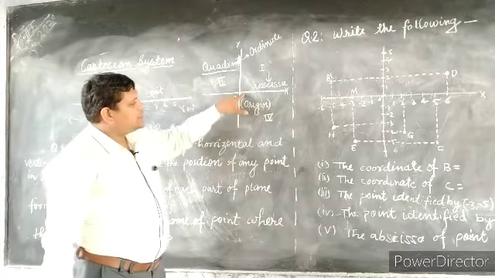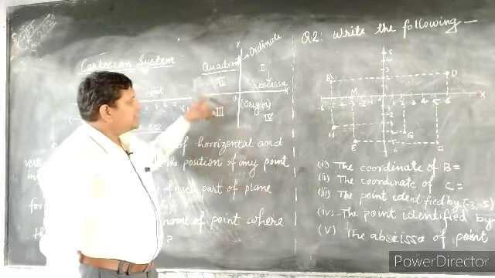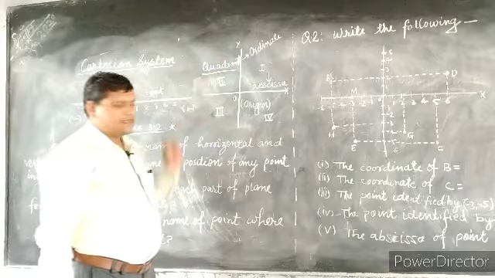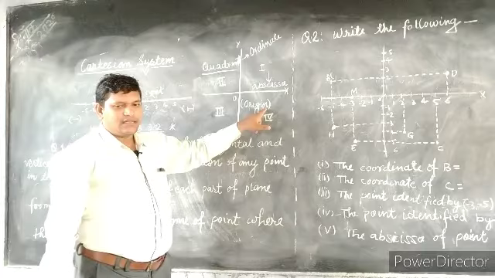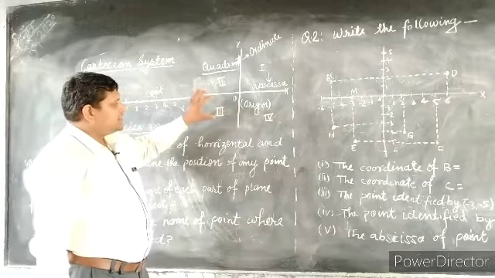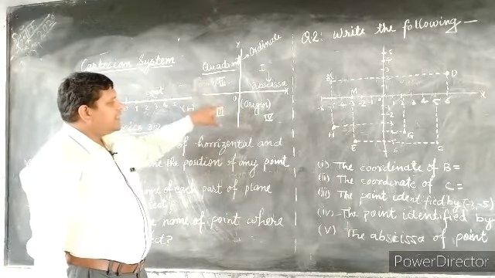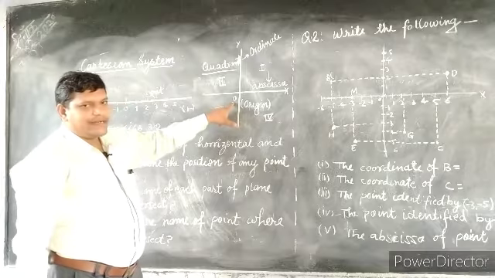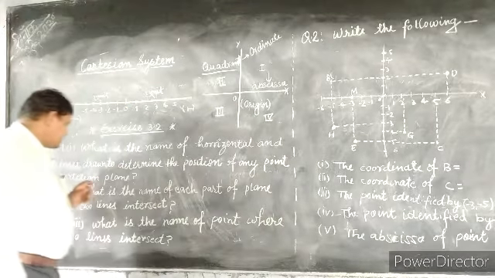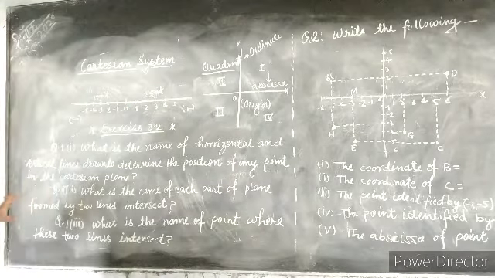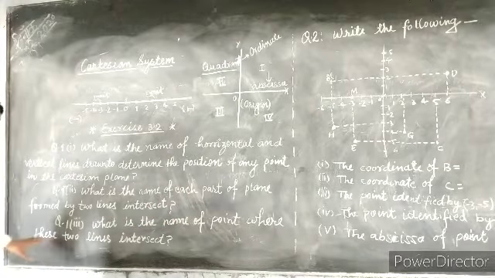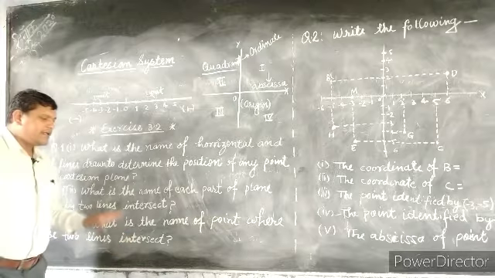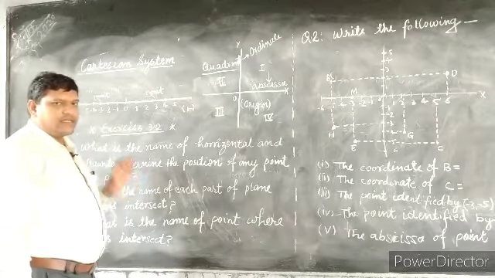This point is known as origin, and it is denoted by the letter O. So the name of the point where these two lines intersect is origin. Is it clear?